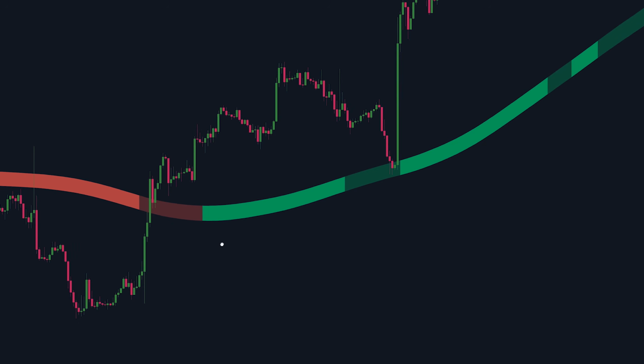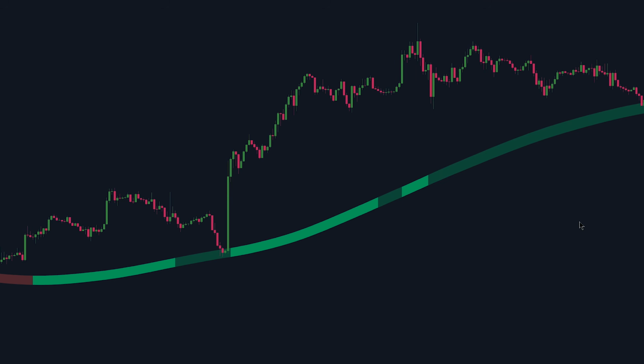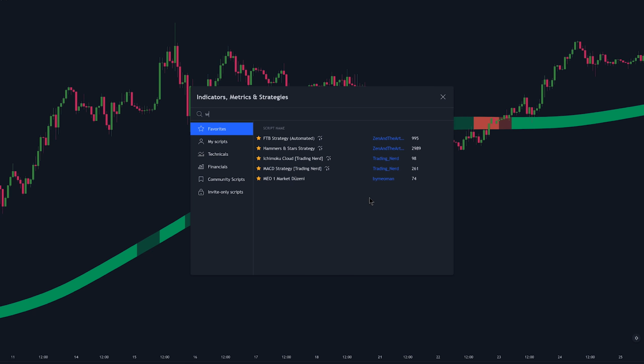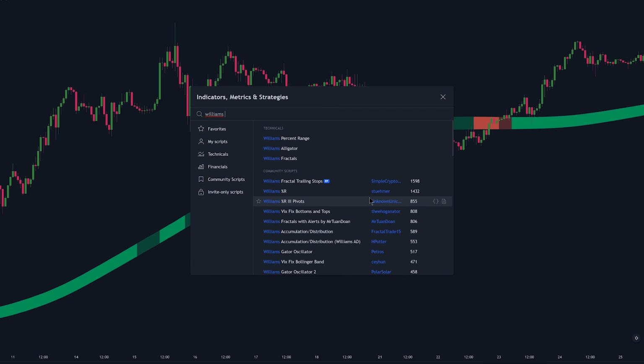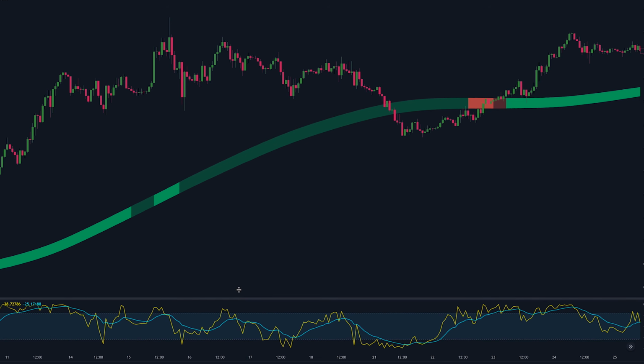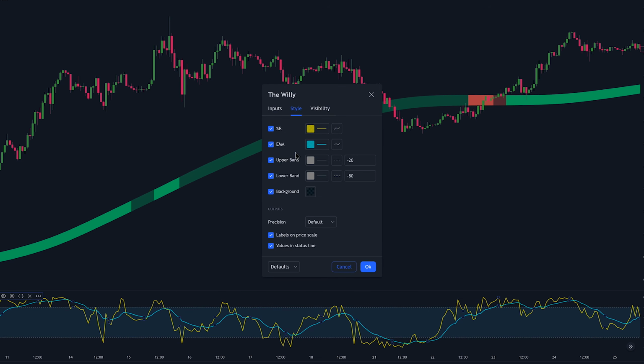But if you're like me and you hate the subjectivity that comes with looking at candlestick patterns, you might want to use an indicator called Williams percent range. This one by this guy. And then you're going to double click on it to access the settings panel. On the Style tab, you're going to change the upper band's value to -30 and the lower band's value to -70.